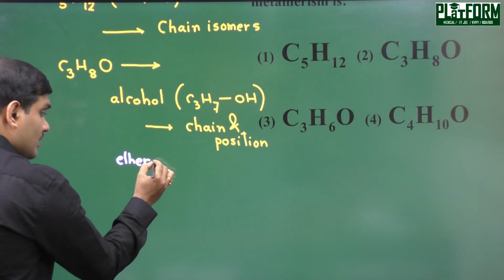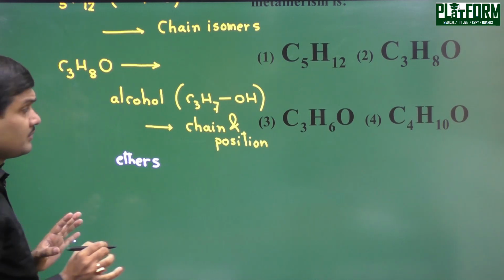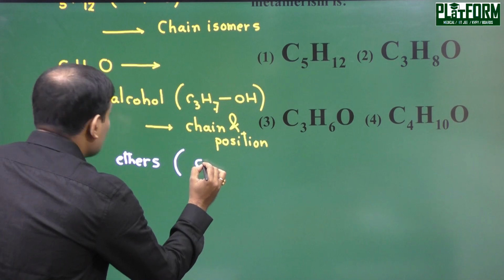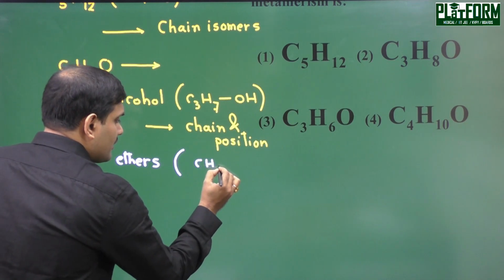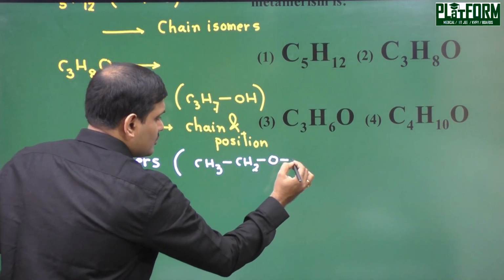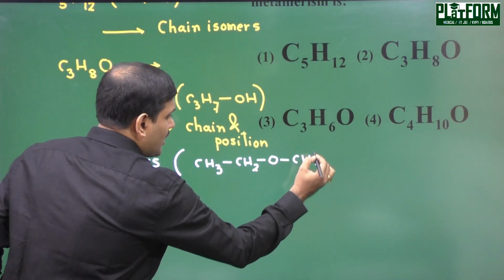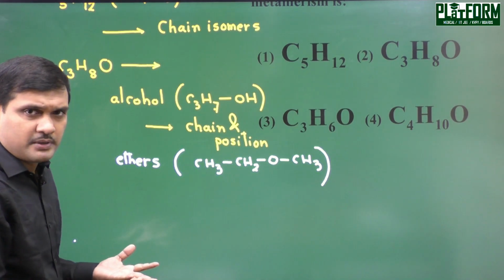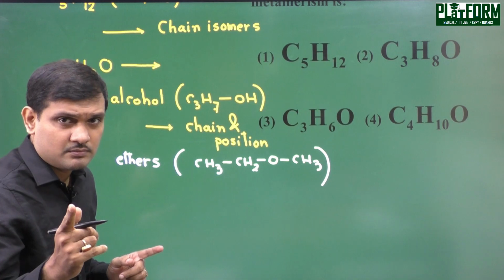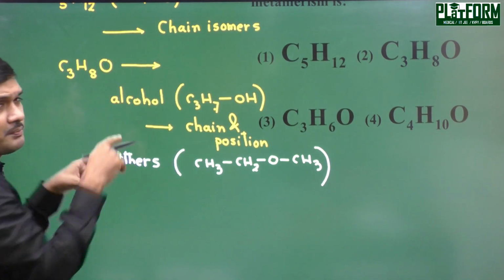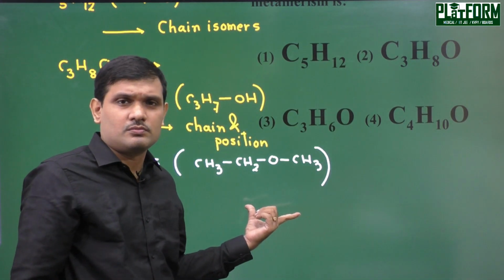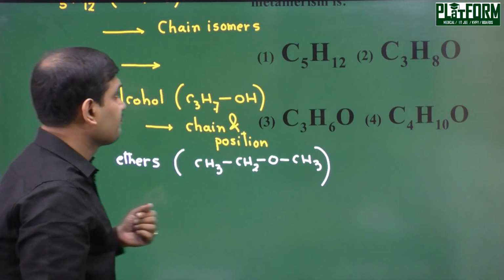And ethers can produce metamerism, but here in this structure you can produce only one ether, CH3CH2OCH3. So the metameric variety will not be observed. The ethers can produce metamers, but in this case the given compound cannot exhibit metamers because only one compound you can produce, that is methoxyethane.